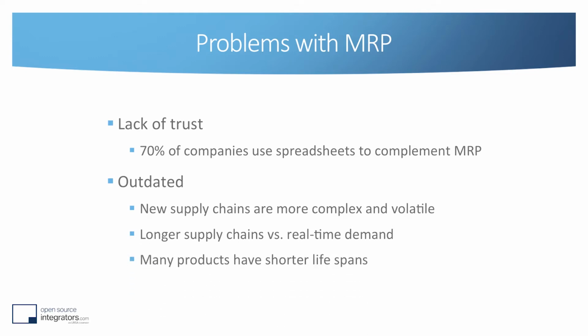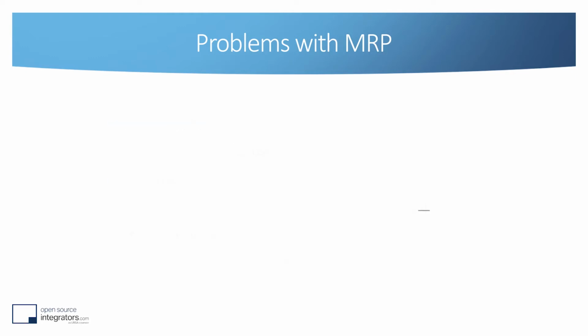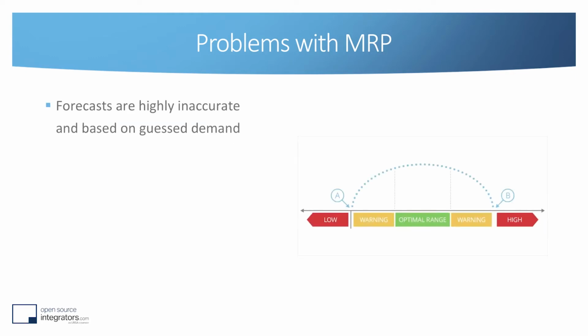And products are here for a couple of months, not even years anymore. Another issue with MRP, it's based on forecast, and forecasts are by definition inaccurate. And we also have long variable lead times, so we have high volatility in the lead time from suppliers.